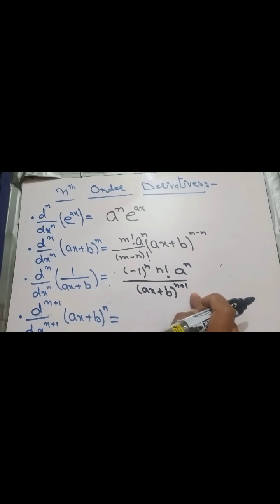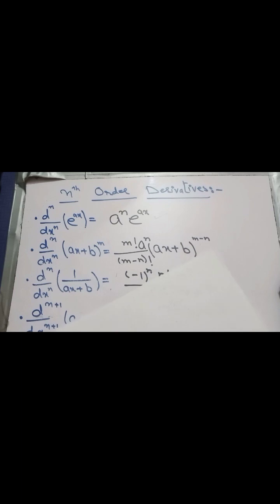And the last one: as the function is power n, but we need to find the (n plus 1)th derivative. After n derivatives, the formula is free of constants, so when we take another derivative, the answer will be 0.